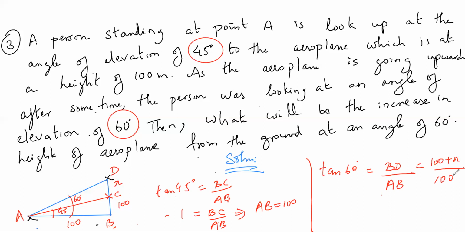And tan 60 is root 3. So root 3 into 100 is equal to 100 plus X. So we'll get X is equal to 100 root 3 minus 100. So 100 into root 3 minus 1. So this was the height increase of the aeroplane.